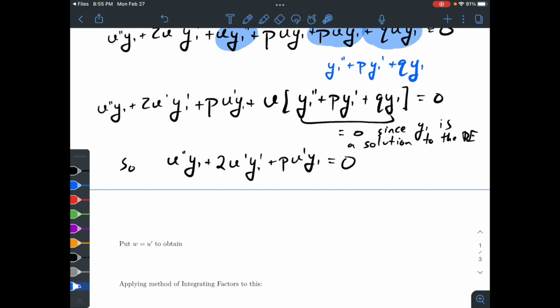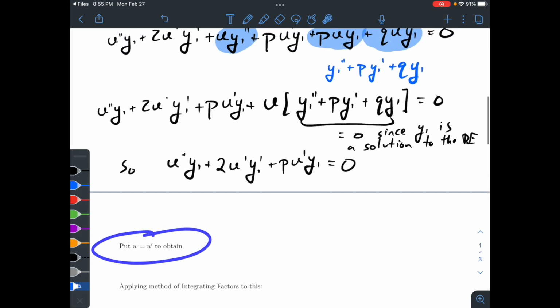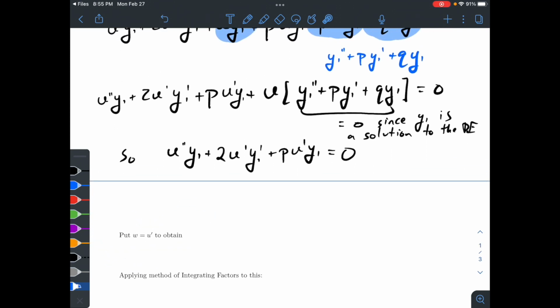Okay, all right, good. So next thing we're going to do is a substitution. We're going to replace u prime with just w. So we're going to call w equal to u prime, and so w prime is equal to u double prime.